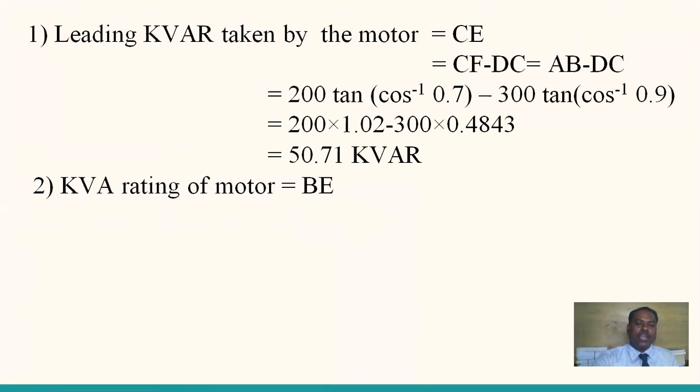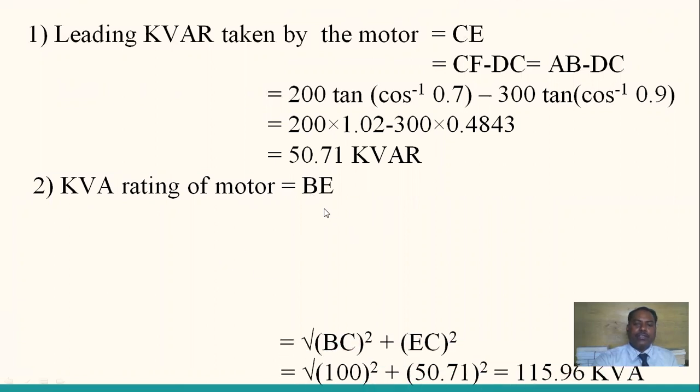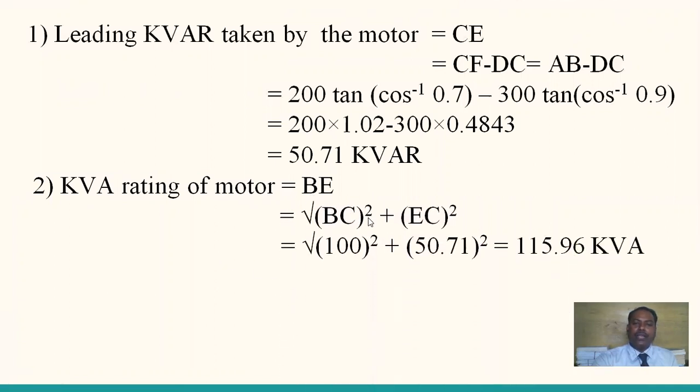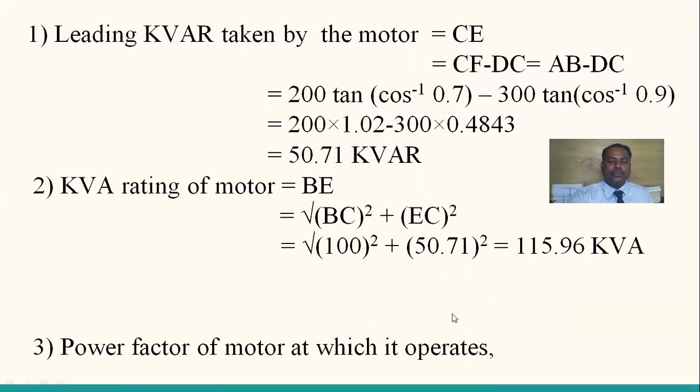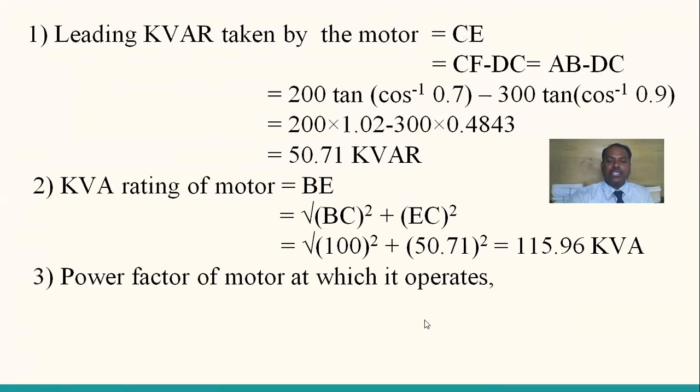Next, the kVA rating of the motor, which is BE. This can be calculated because real power is known and reactive power is known. Apparent power S is equal to the square root of BC square plus EC square, which is 100 square plus 50.71 whole square, which is equal to 115.96 kVA. And the third one is the power factor of the motor at which it operates.